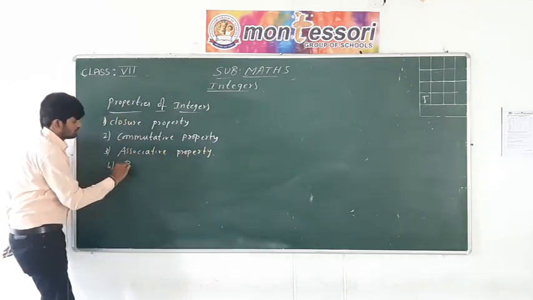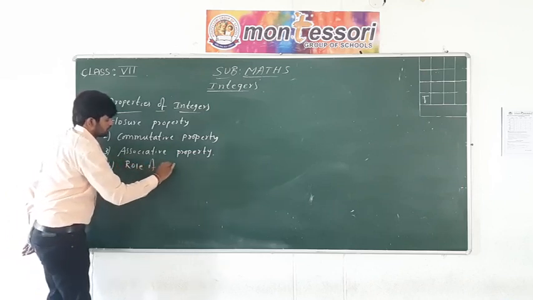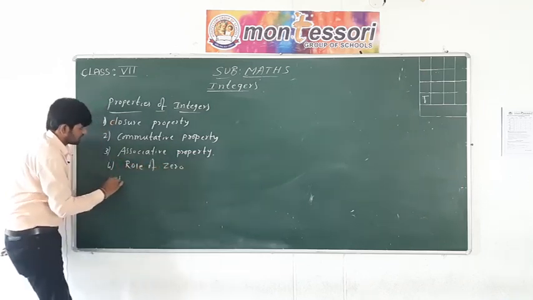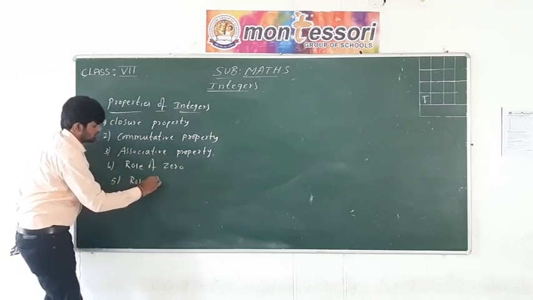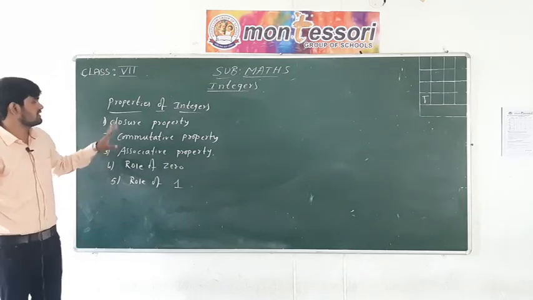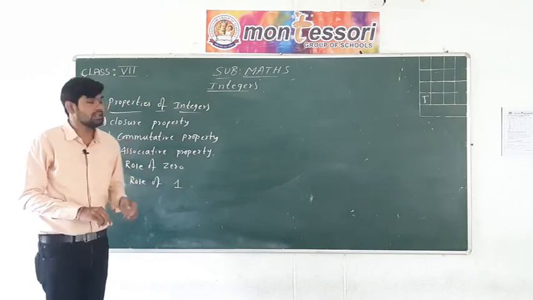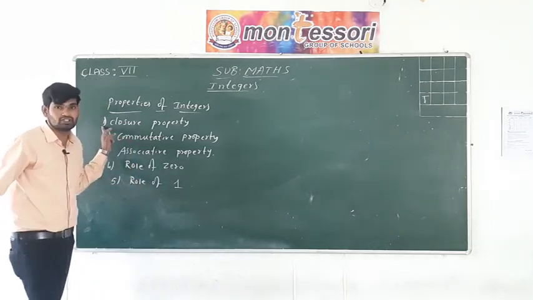Fourth one, role of 0. Fifth one, role of 1. So first let us learn about these properties of integers under all the operations, that is addition, subtraction, multiplication and division. First let us learn the closure property.